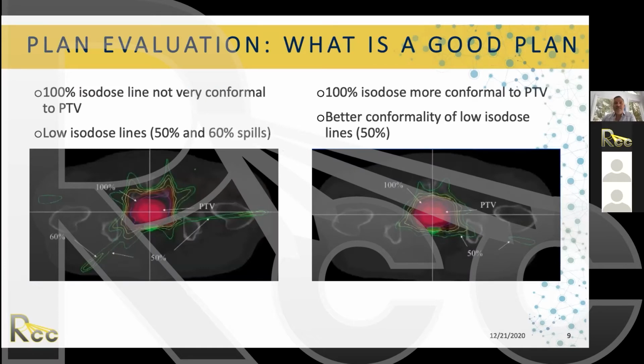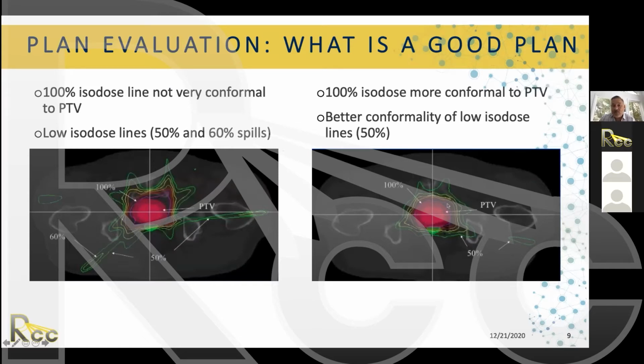For example, I have two examples here. On the left, there is the 100% isodose line. It's not very conformal, so I can see that this is not a good plan. Also, the low isodose lines, the 50%, spill outside the body. This is the same patient, where we tweaked the plan a little more.